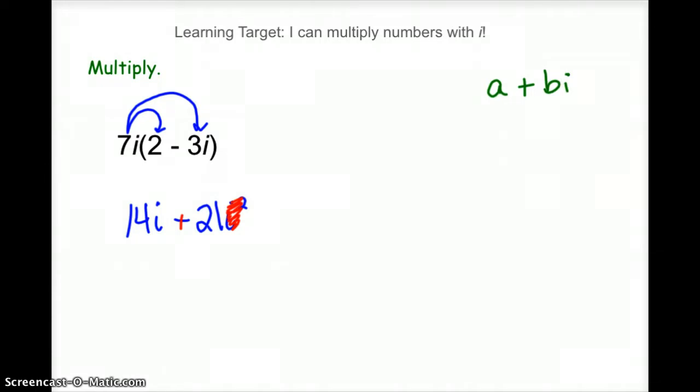Is my answer in standard form right now? Well, no, it's a little lacking. So we should flip-flop things. We should make the positive 21 be first, and then plus 14i, because the imaginary part is always supposed to be second. Then we are good to go.